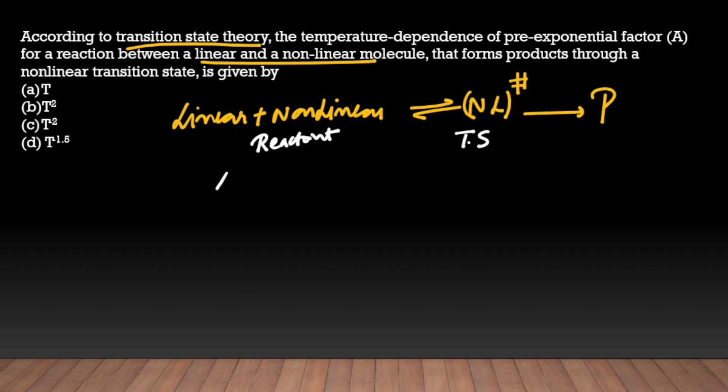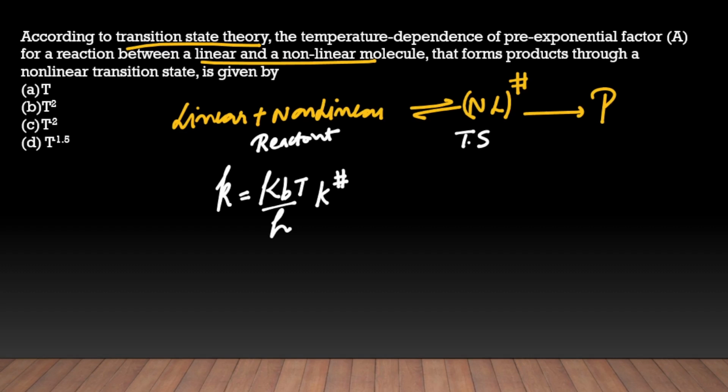So for this one, the rate constant that we write is equal to 8 kBT. Sorry, this is for the collision one. For the transition state, we write the rate constant as kBT by h into K dash. This is the rate constant expression that you get.